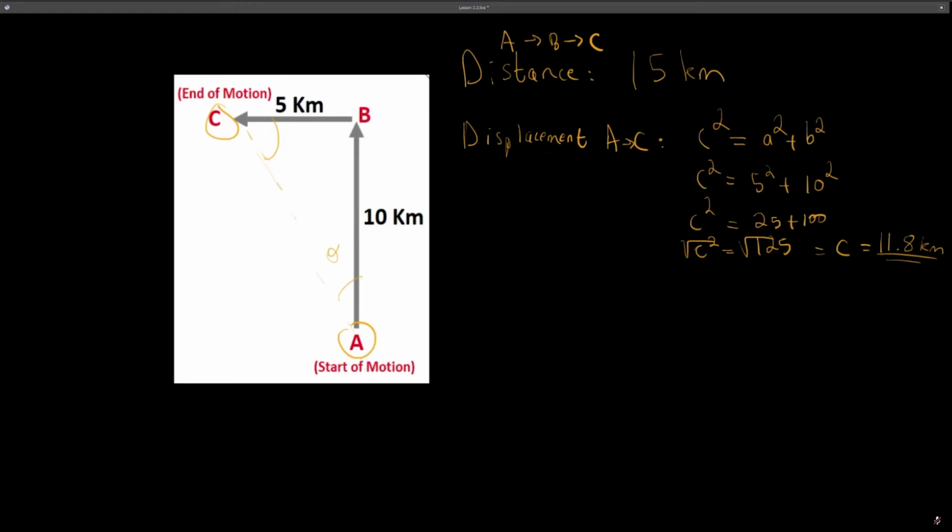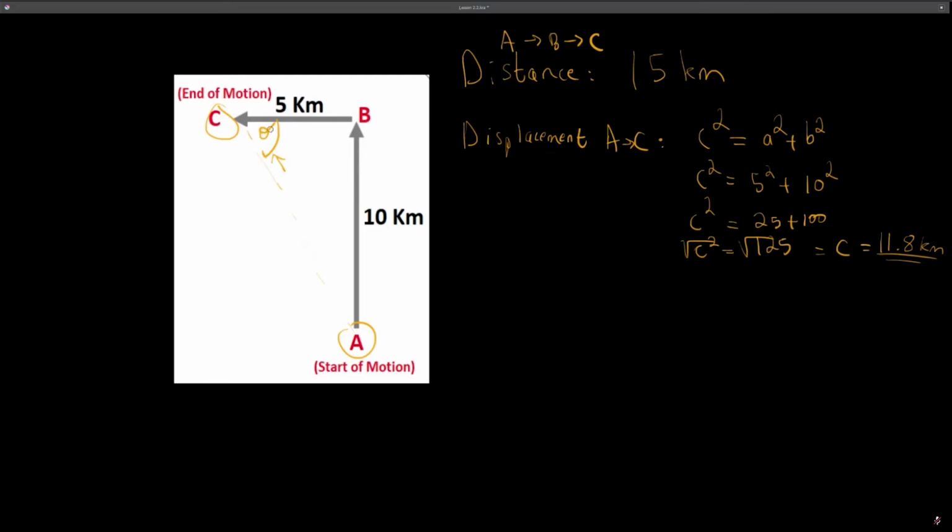Now, the best way to find this is by taking it on the x-axis. It's harder to do it on the y-axis, so we should always calculate the angle from the x-axis. This means that our angle should be along the x-axis and not along the y-axis. So let's calculate this angle right here for the direction.